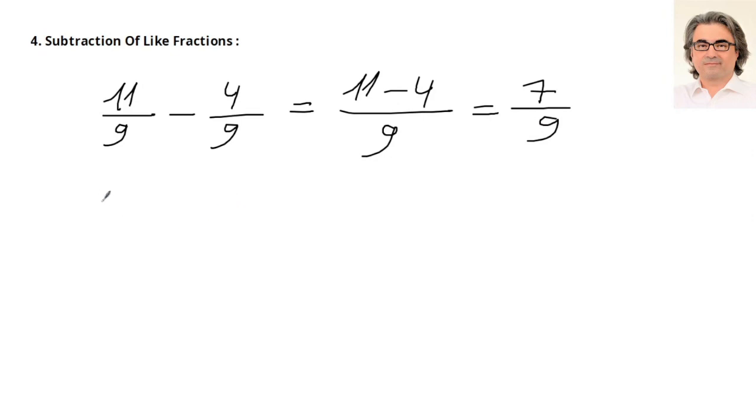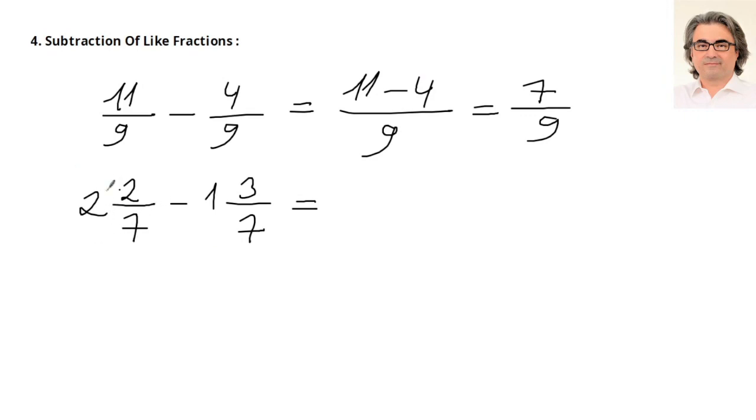Now, let's give another example. 2 and 2 over 7 minus 1 and 3 over 7. Now, how may we do this? We learned on the number line section how we may do it, but I solved this question by using another method.